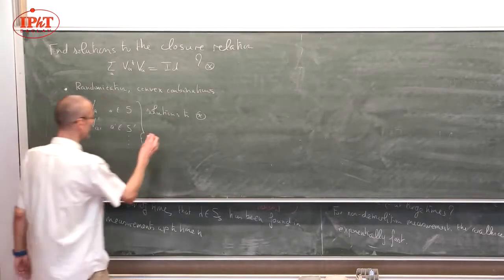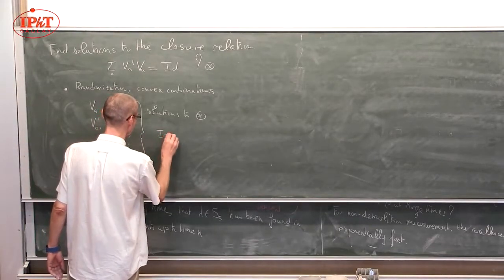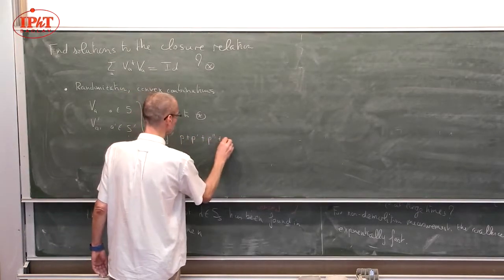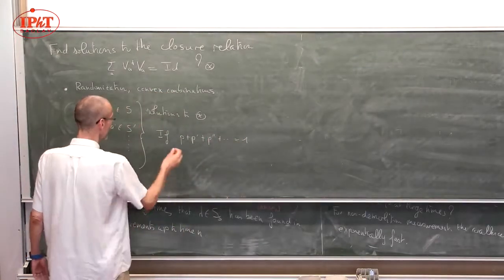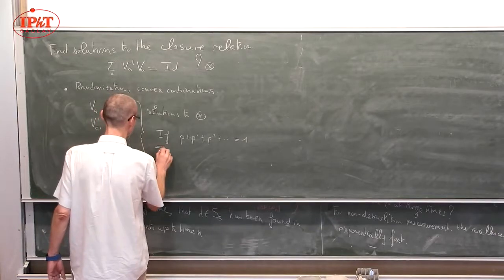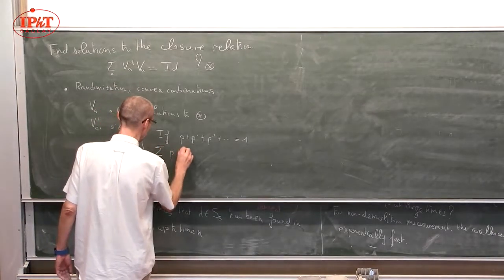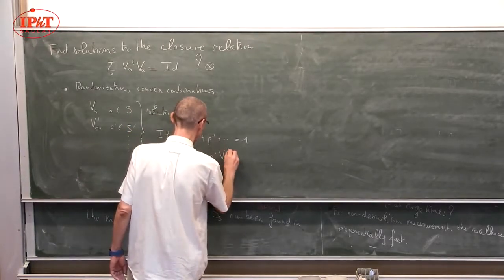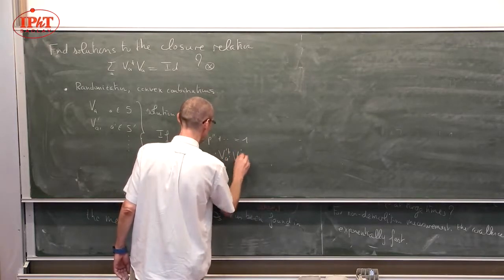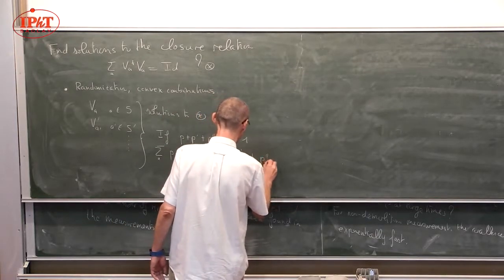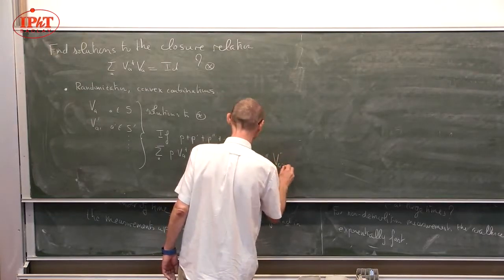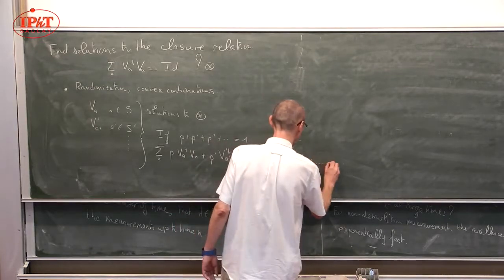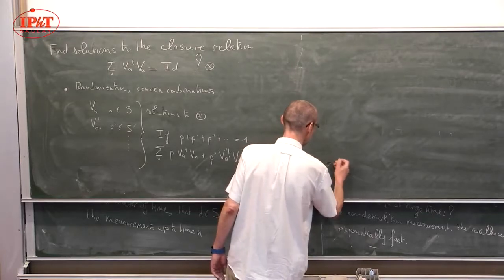So if P plus P prime plus P double prime plus and so on is equal to 1, then of course you also have the formula that the sum over A of P V_A dagger V_A, plus P prime V_A prime dagger V_A prime, plus P double prime V_A double prime dagger V_A double prime, and so on, is also equal to the identity.